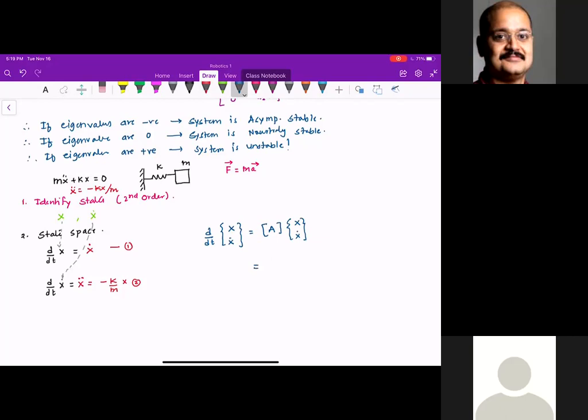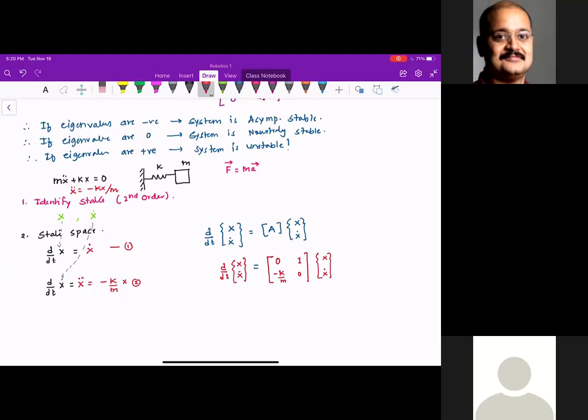And my matrix A is going to look like, check this out, 0, 1, minus k by m, 0. Are you with me so far?